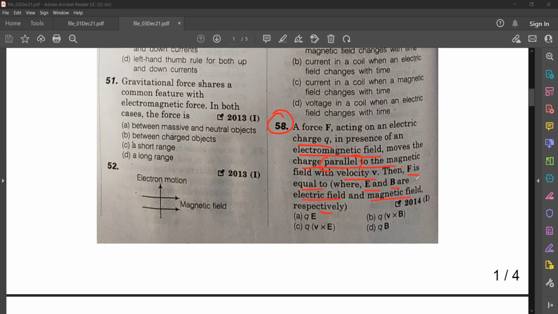You have to find what F is. Try, all of you.